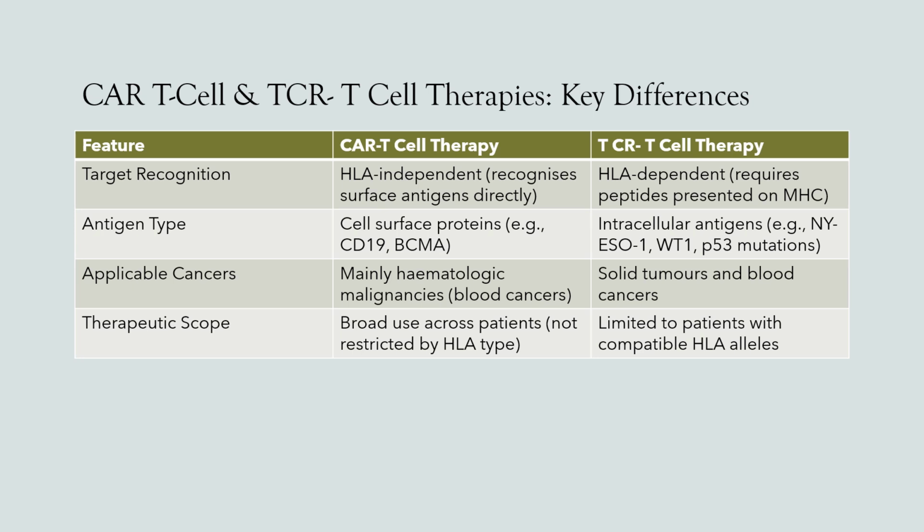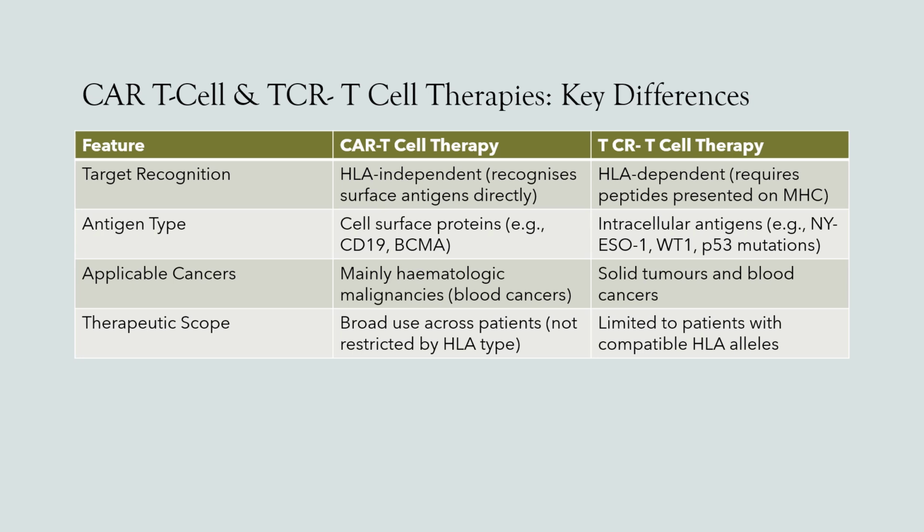The only thing that I wanted to talk about was the restrictions. TCR T cell therapy is limited to patients with compatible HLA alleles. It does have a broader range of tumours, so it does include mutated oncogenes, but it's limited by this major histocompatibility dependence and the potential for off-target effects.